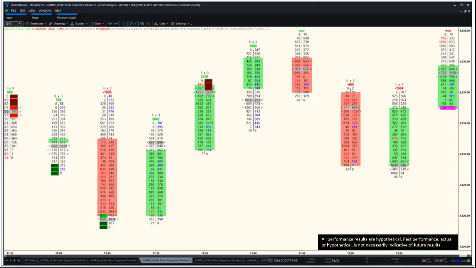What I want to show you first and foremost is that this is a candlestick. Here's the wick, and here's the body, there's the wick, there's a little tail here at the bottom, and it's red. What we've done is taken the same information that was in the candlestick, but we have literally exploded the candlestick to be able to see what's going on inside it.